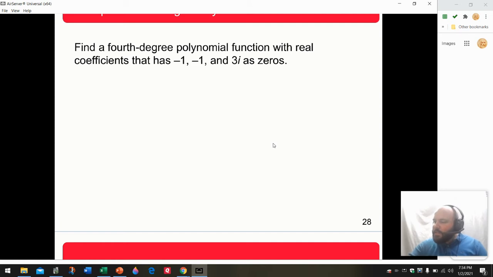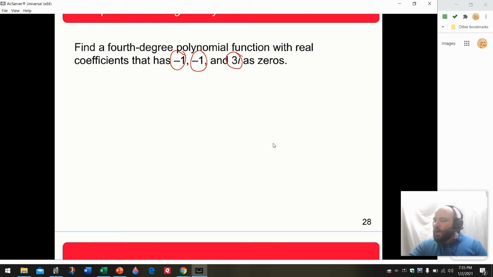In this case, they gave us the zeros. They told us that -1 is a 0. They also told us that -1 is another 0. Remember the word from yesterday, multiplicity. It's actually one 0, but it's listed twice, so its multiplicity is 2. They also told us that 3i is a 0.